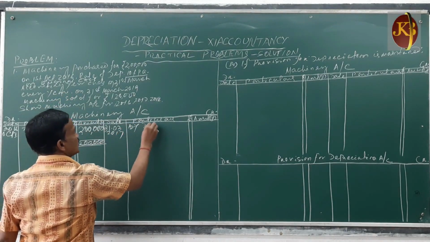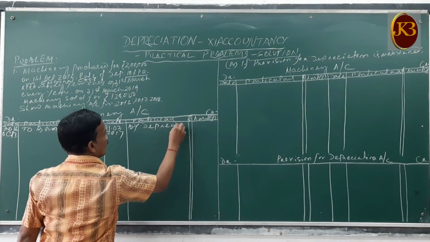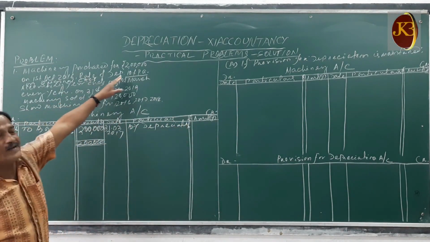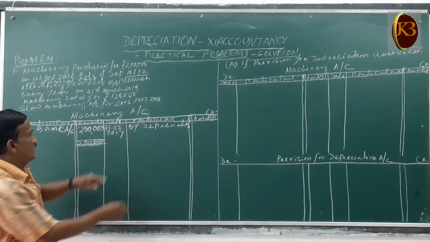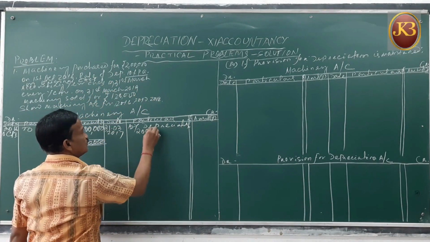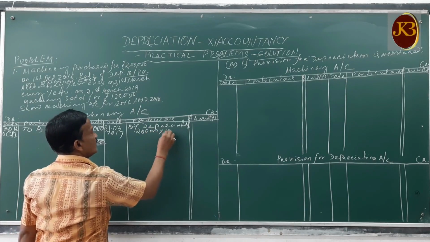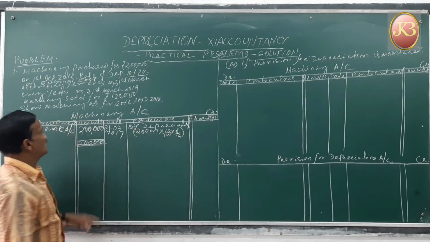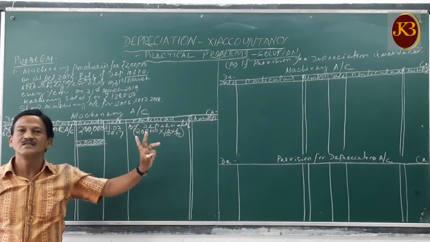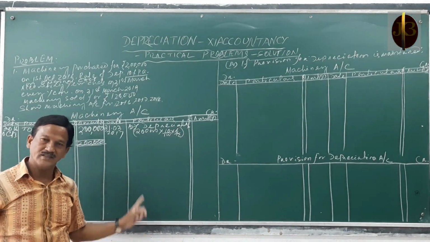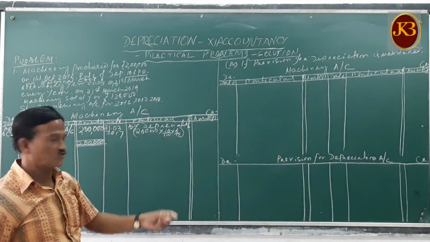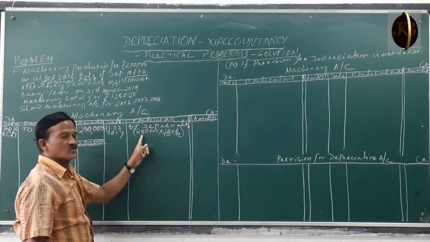By depreciation account, the depreciation charged is 10% per annum. So that is 2 lakh into 10 by 100 into 6 by 12, because from 1st October to 31st March it is 6 months: October, November, December, January, February, March.